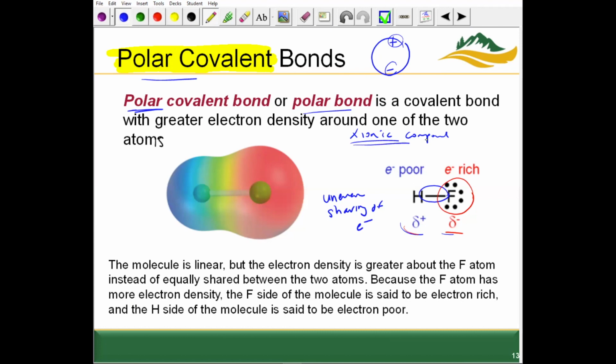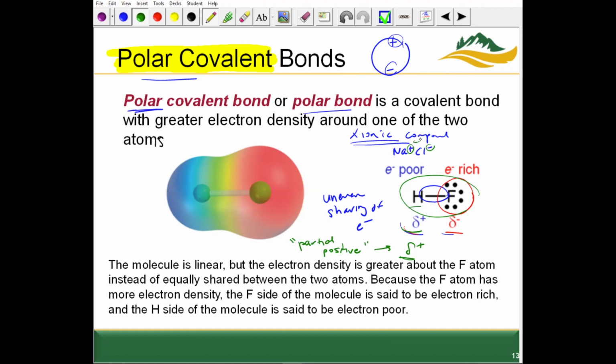So it's not a full ionic compound like NaCl, for example. It's still a molecular compound, and so instead of seeing this full charge of Na plus and Cl minus, this means we have a partially positively charged region. So this symbol here means we have a partial positive charge towards the hydrogen, not a full-on positive charge.